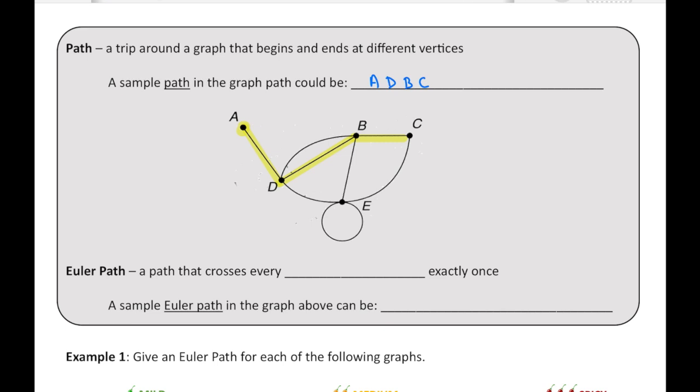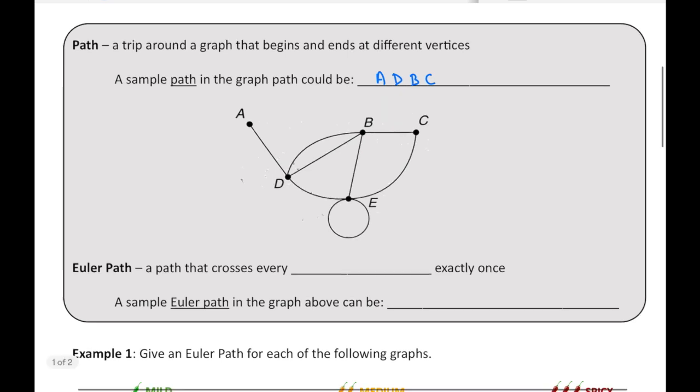Now we're looking specifically at Euler paths. Leonhard Euler, a Swiss mathematician, was concerned about crossing every single edge exactly once. Later on, we're going to see something where we don't care about crossing each edge exactly once, but crossing each vertex exactly once.